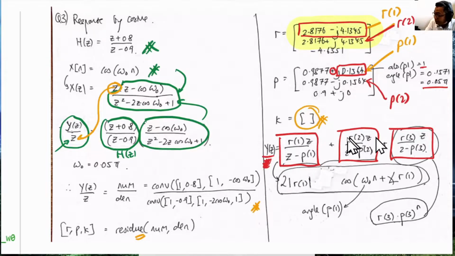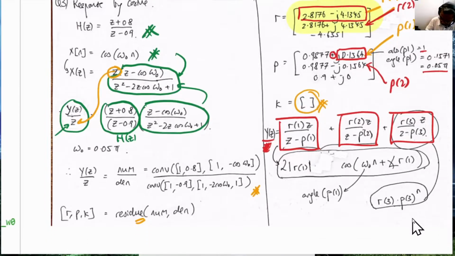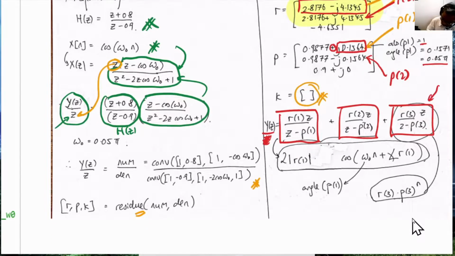Now this is ready to be performed by inverse Z transform. The last one is trivial. The last one is simply R3, which is this value here, multiplied by P3, which is this value here, 0.9 to the power of n.